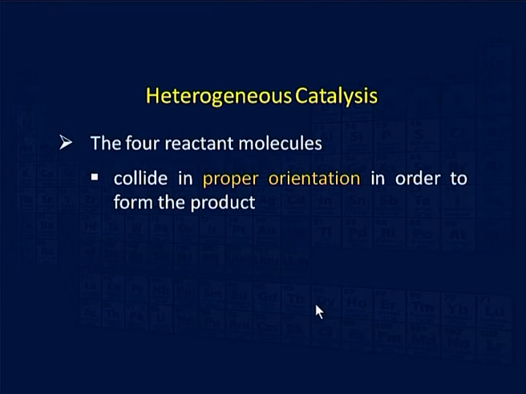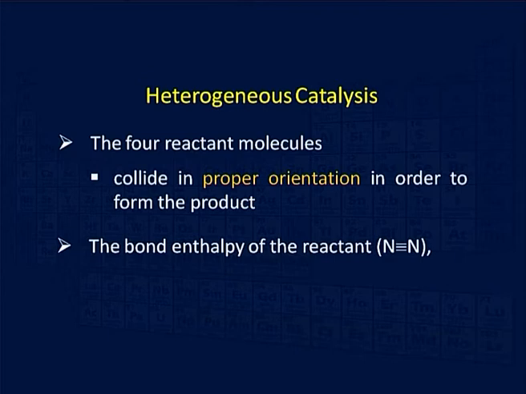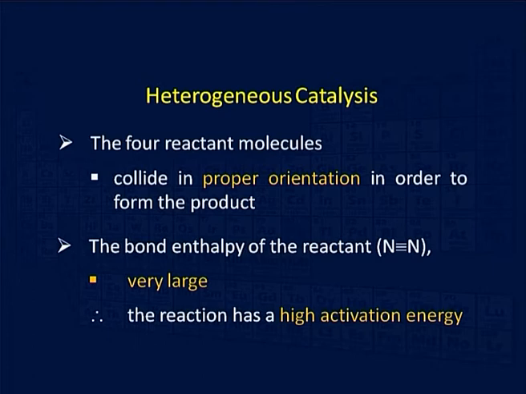Moreover, these 4 reactant molecules must collide in a proper orientation in order to form the product, and the bond enthalpy of the reactant is very large in the absence of the catalyst, because the reaction has a very high activation energy, and therefore, you need to use a catalyst.